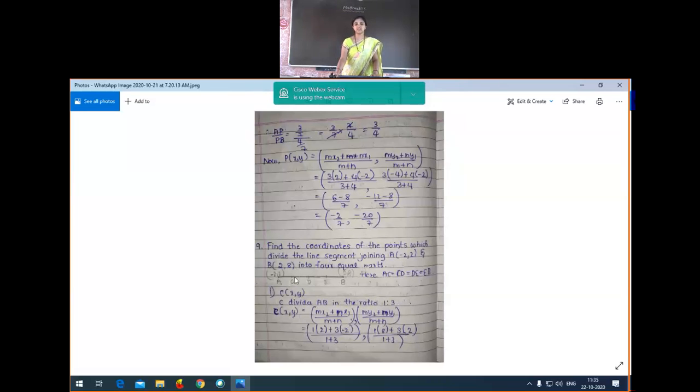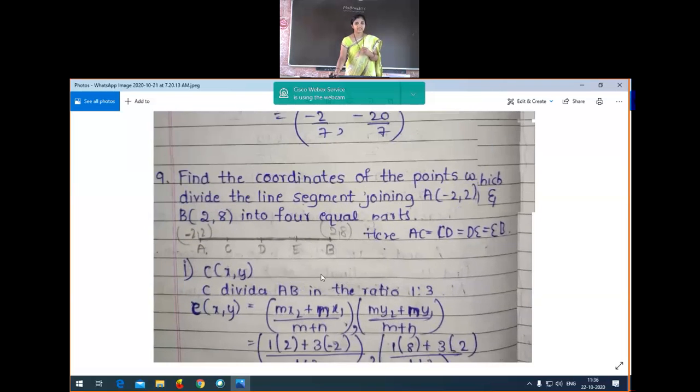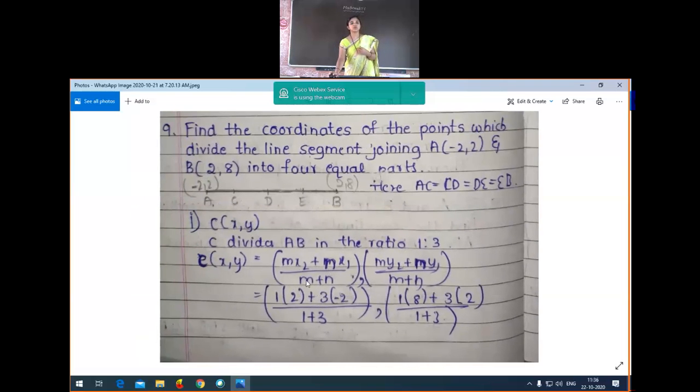Now we can easily find the C point using the section formula. C of x, y is equal to mx2 plus nx1 divided by m plus n, and my2 plus ny1 divided by m plus n. So now substitute the values. This is x1, y1 and this is x2, y2. The ratio is 1 is to 3.